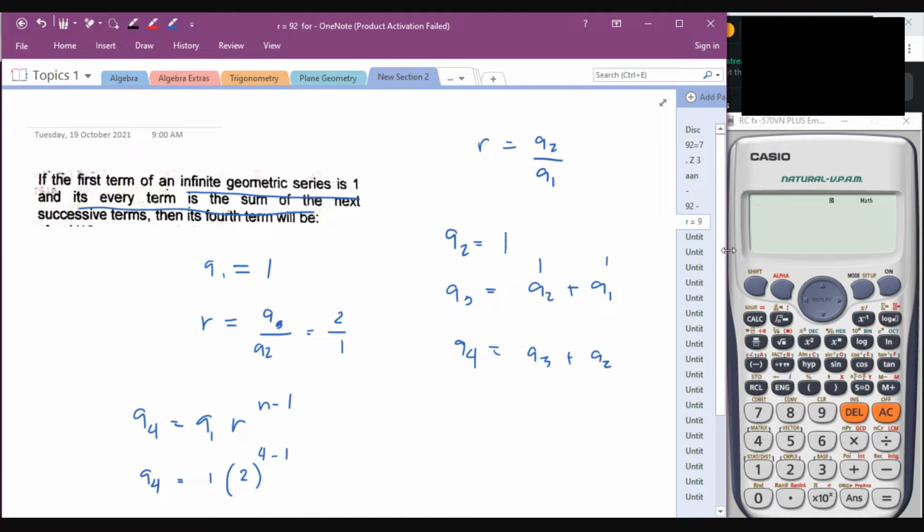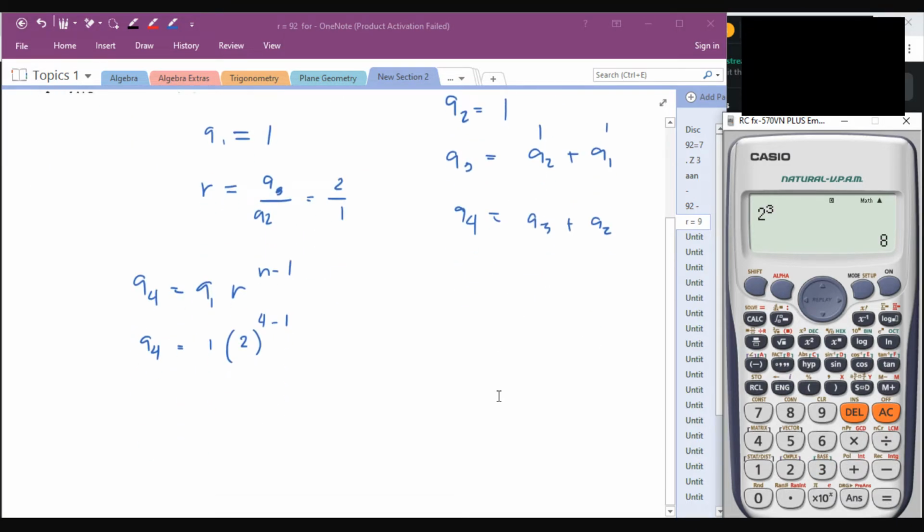The fourth term of the progression is 2 raised to 3. That is 8. A4 is 8. Okay.